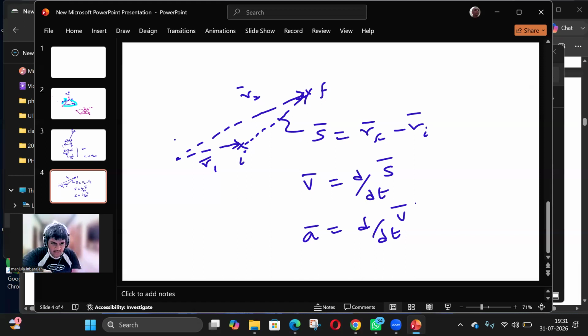Will they give v vectors? R vectors only, mostly they will give. How do you find out the R? How do you link the R vector to the v vector, sir? That's what first you have to find, the displacement, no? R is the displacement. R is the position vector.